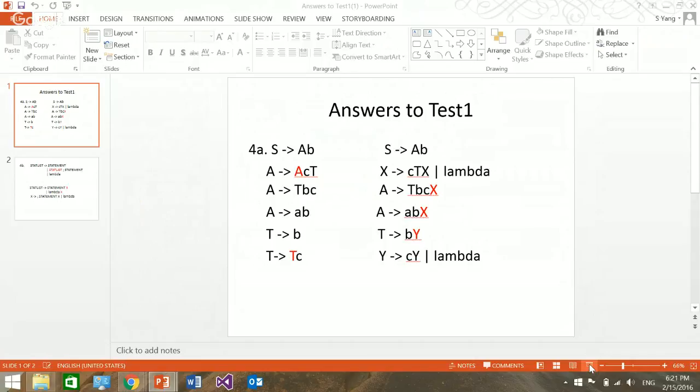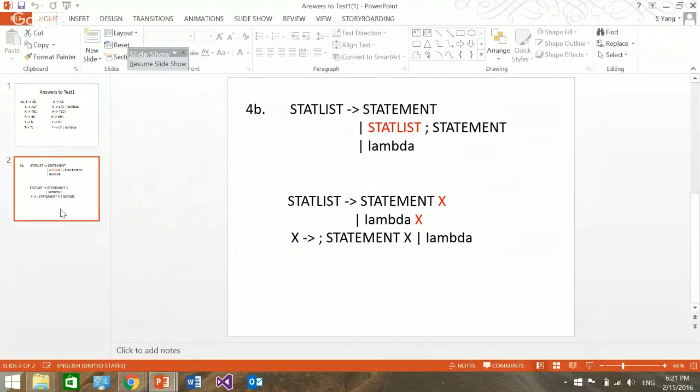All right, so this next one. Today's video is going to be interesting because it advances that one, but not my screen. Okay, so statement list, going to a single statement. That's a unit production. It's not a left recursion. Going to lambda, that's fine. Statement list, going to statement list.